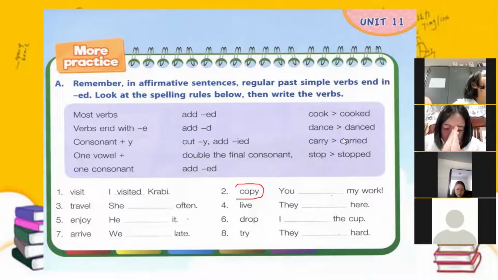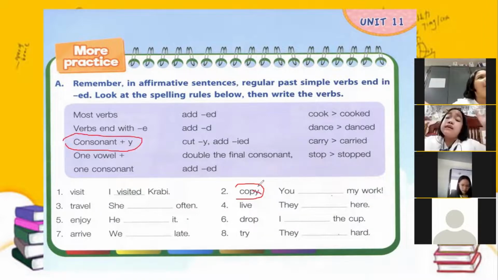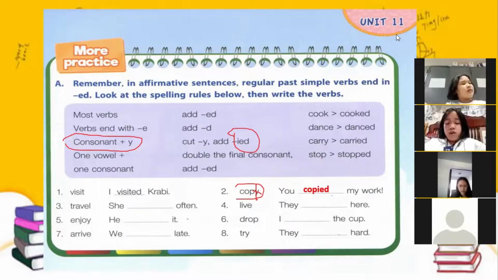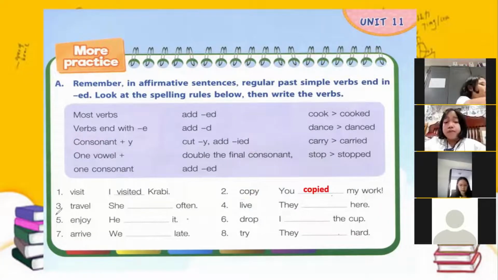Can you tell me? C-O-P-I-E-D. Very good. So this is the rule here. Consonant plus Y. So we just cut the Y and add I-E-D. So the spelling would be C-O-P-I-E-D. Very good.